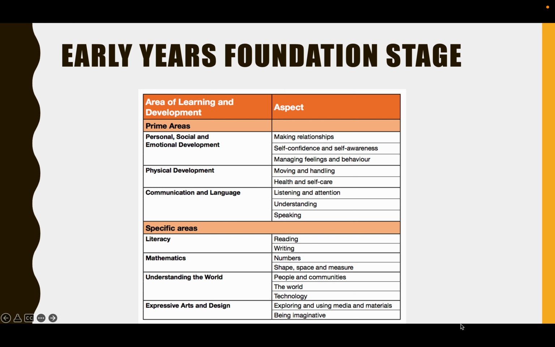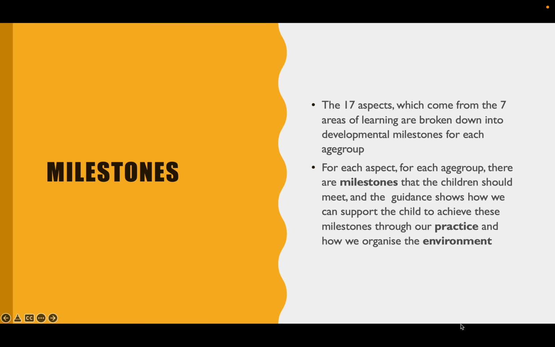So if you count down on the right hand side of your screen the number of aspects, there are actually 17 aspects that make up the Early Years Foundation Stage, and we track children's development across all 17 of those aspects. So the 17 aspects, which come from the 7 areas of learning, are broken down into developmental milestones for each age group.